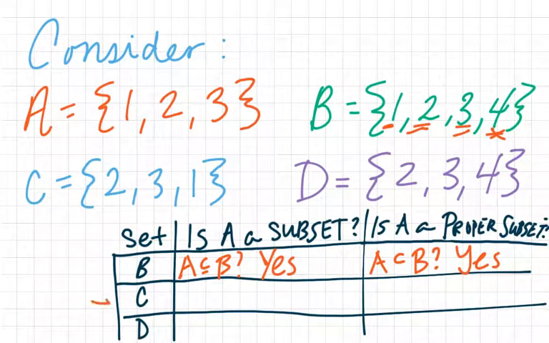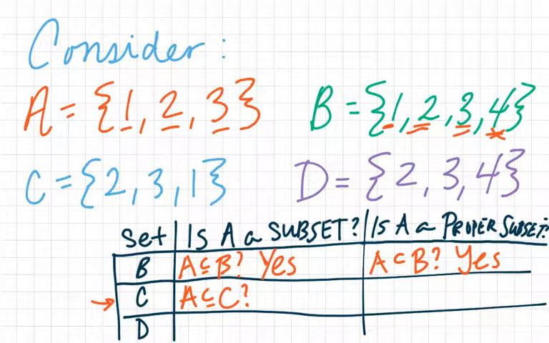The second one here is asking, is A a subset of C? Are all the elements of A contained in the set C? Well, A contains the elements 1, 2, and 3, and C is the set containing the elements 2, 3, and 1.